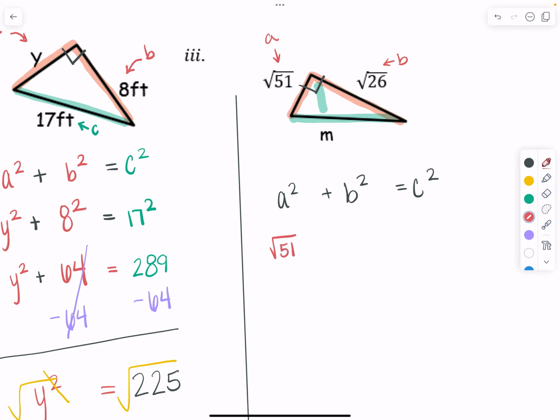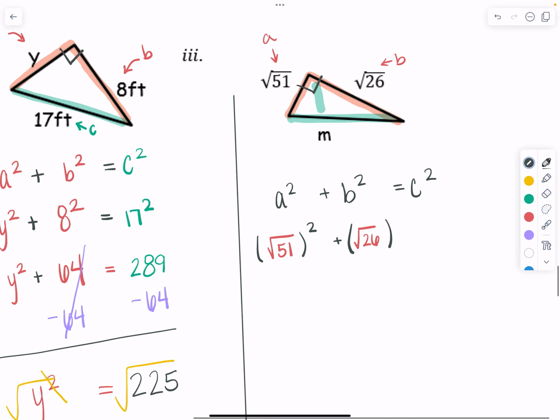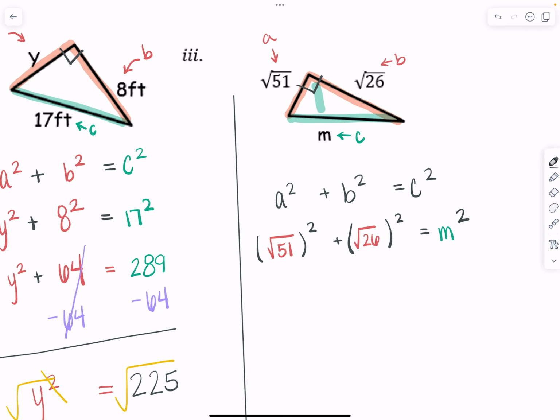Square root of 51 squared plus square root of 26 squared equals C, which is m squared. Now this one's a little odd.